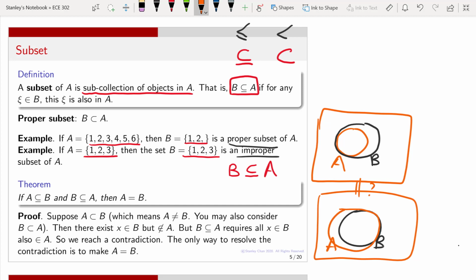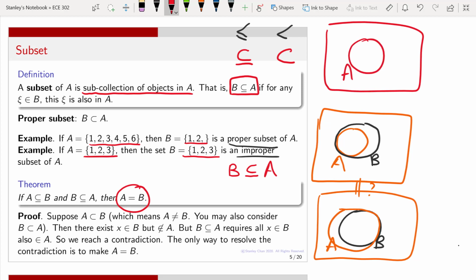Well, if these 2 have to be happening at the same time, then the only possibility is that B has to be equal to A. So what happens is that you draw an A here, and then you draw a B right on top of that. That is your B. When they are exactly the same, then of course you will have A in B and B in A.